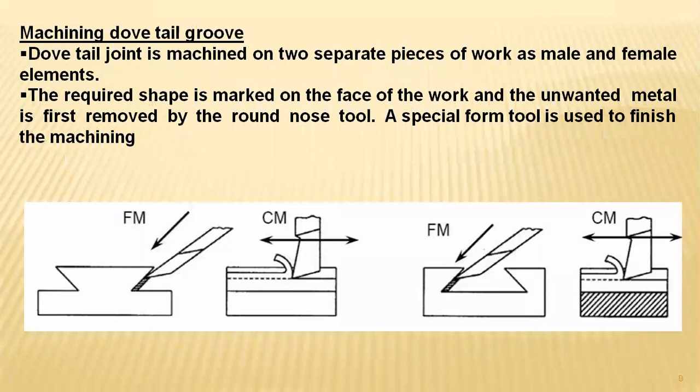And in the case of these dovetail shapes, this is the shape called a dovetail joint, as we have done in the workshop laboratory in the first year, that too in the carpentry process, carpentry work in progress.